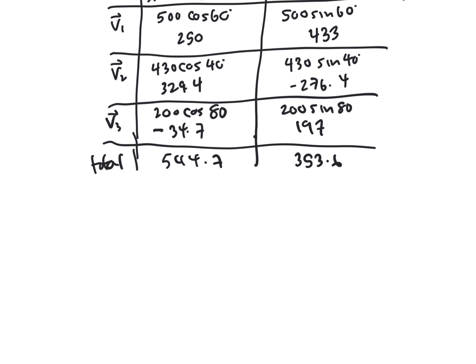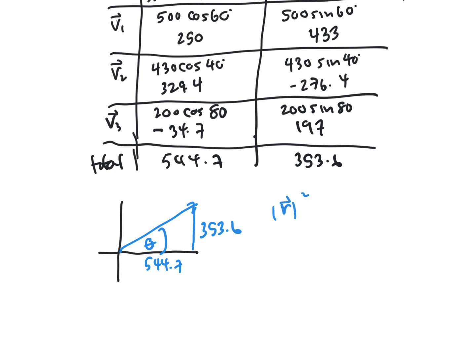And so both positive. So that means our resultant is going to be in this direction. It's going to be right 544 and up 353. And we're going to find the angle here. So we're going to use Pythagorean theorem with our resultant components. And that works out to be 649.4 meters.